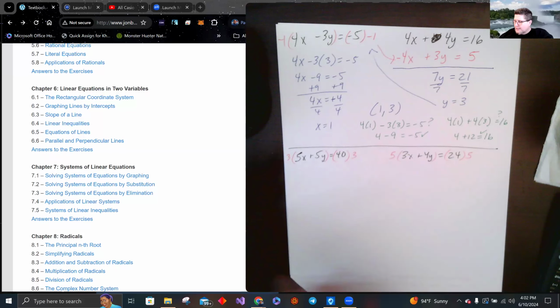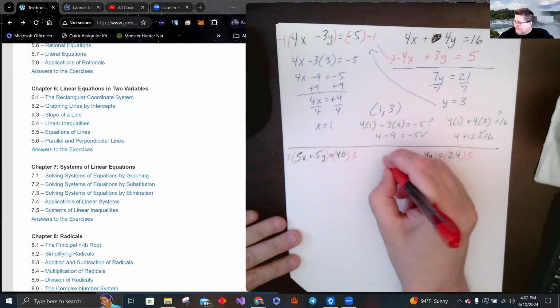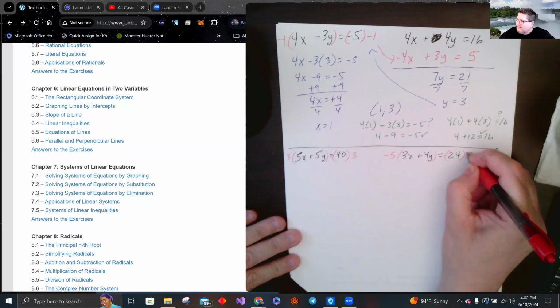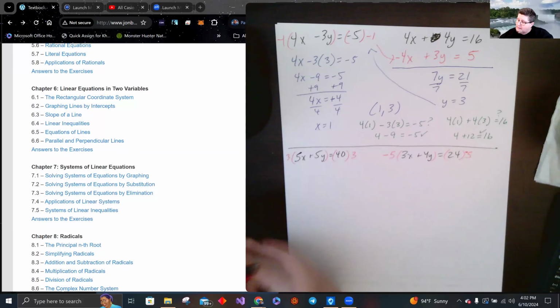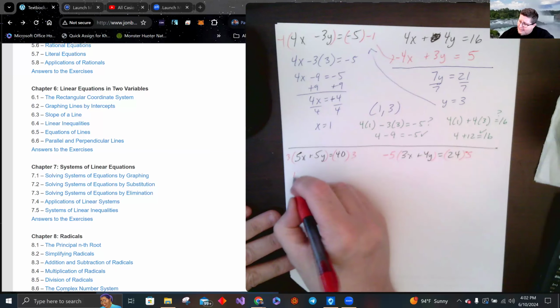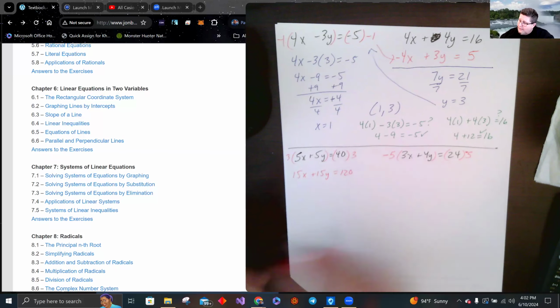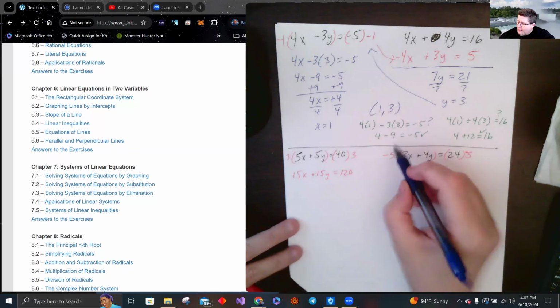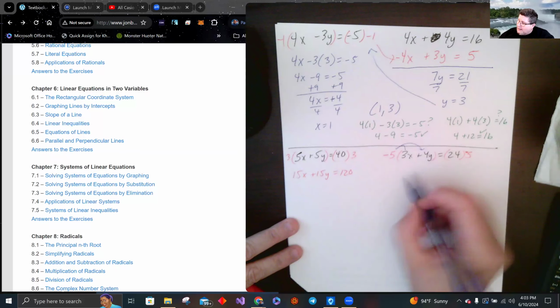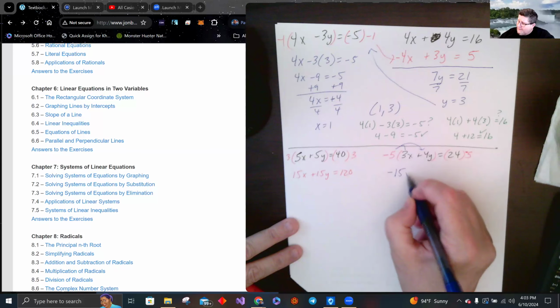To make them opposite, I'm going to use a negative on one of the equations. So I'll use negative over here. If I distribute that, I've got 15x plus 15y equals 120. And over here, you've got to make sure you do everything. Negative 5 times 3 is negative 15x.